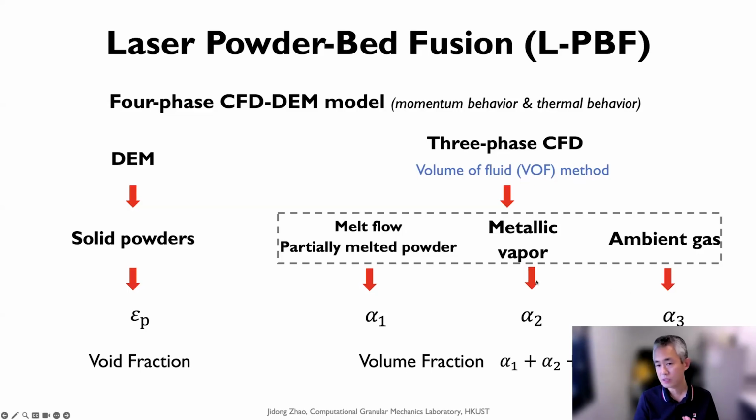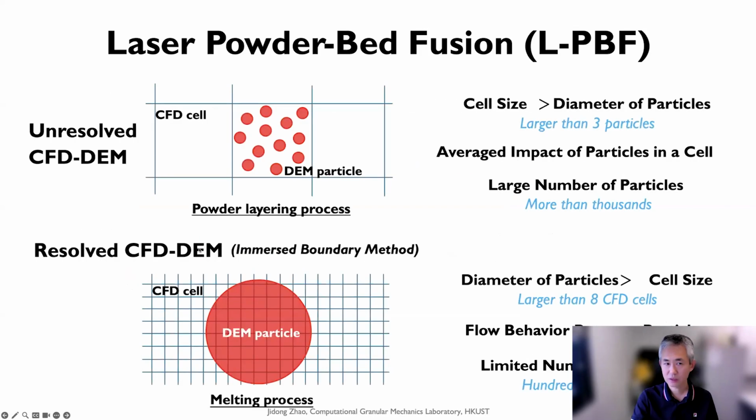Okay, and we also consider metallic vapor, which is evaporated when there's a melt liquid and it becomes vapor, and also we consider the ambient gas. Okay, so those are the three-phase CFD here. And then the semi-coupled, I will show how we can consider the partial melting here. And then for the powder layering process, we can typically use the unresolved CFD-DEM for that purpose, right?